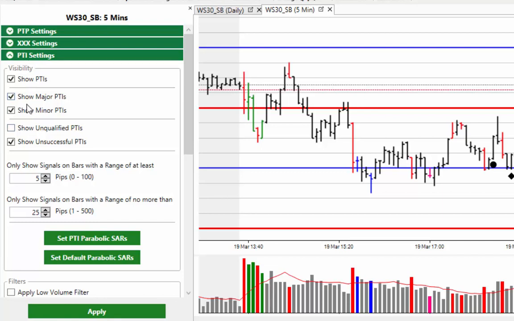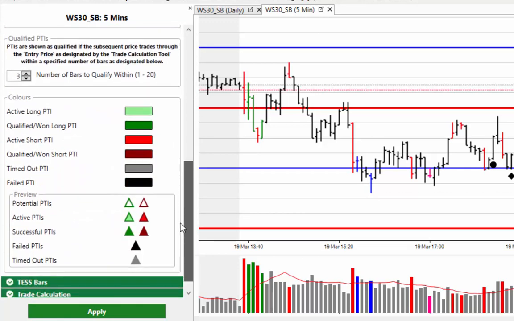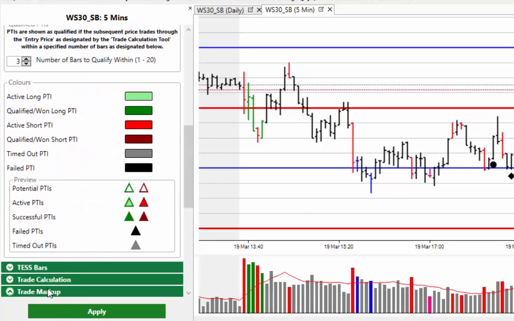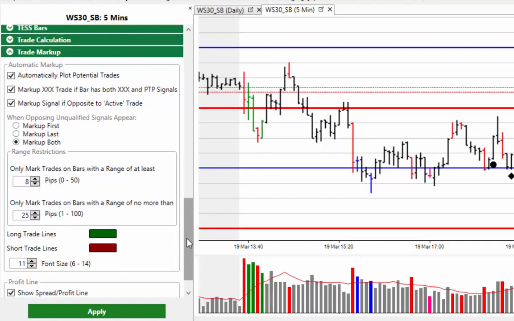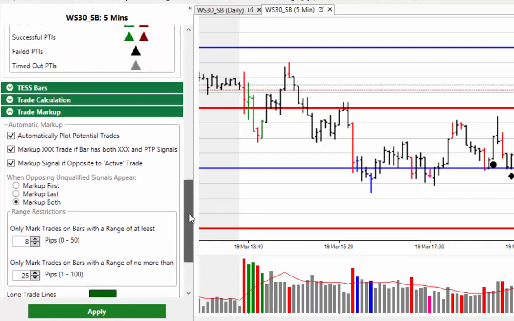And again, you've got the options to show major or minor signals. If you don't want the minor ones, the blue, then you can remove these, and conversely the same with the major ones as well. On the show only signals with a bar range of at least, we've now put this into the same indicator, whereas before, if I just scroll down, there used to be a global setting for this, which was here in the trade calculation, the trade markup area, which now has been removed.